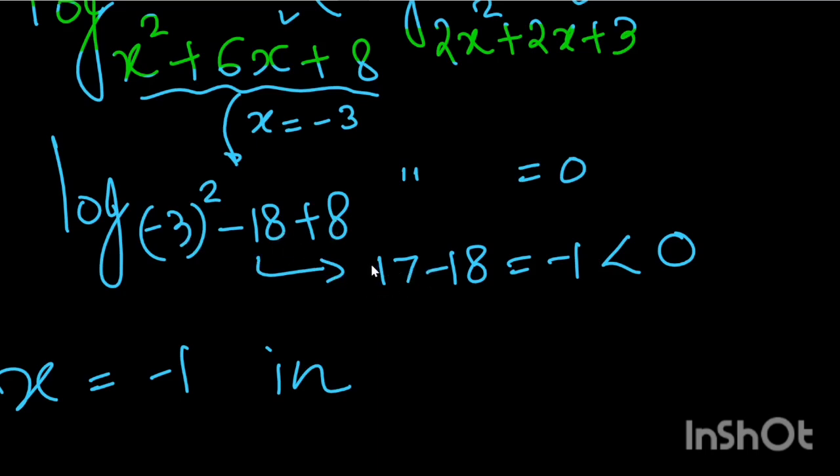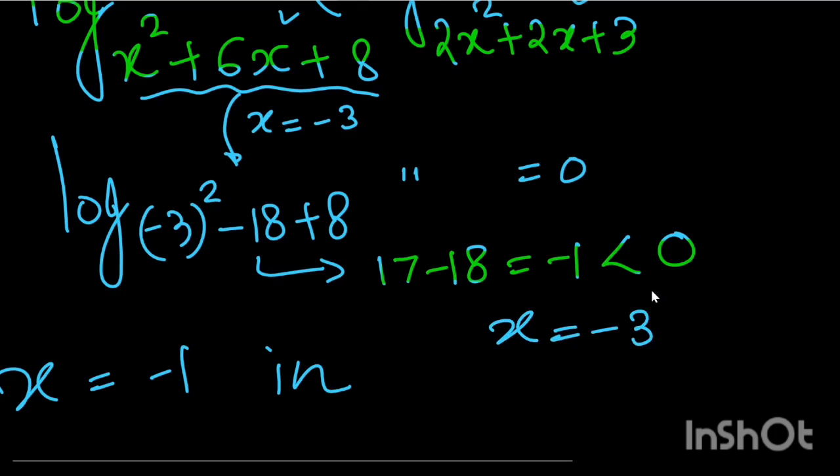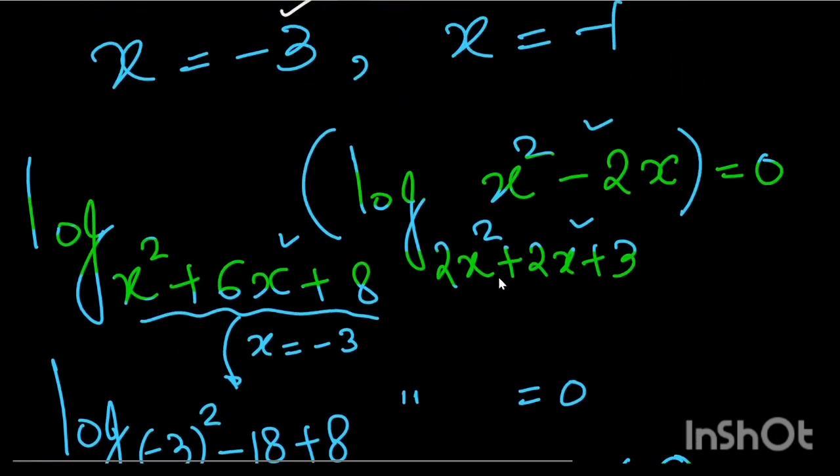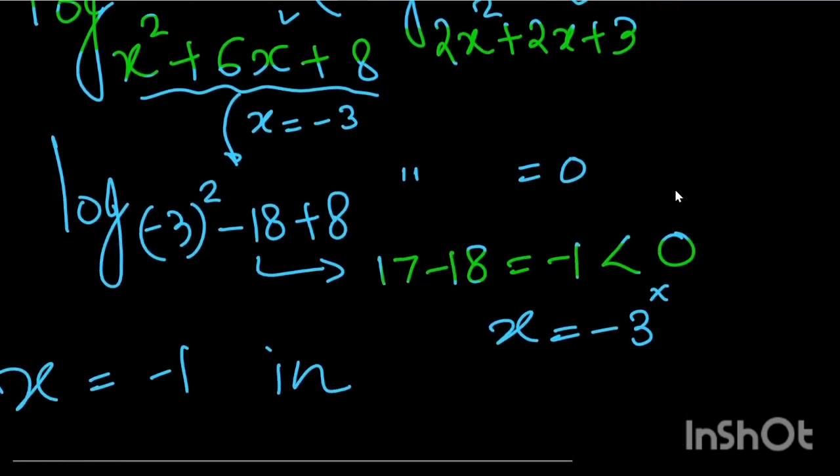It becomes 9 plus 8, 17, and 17 minus 18 becomes minus 1, which is negative. The base cannot be negative, so outright we will discard minus 3. We won't calculate the other values, 2x square plus 2x plus 3 and x square minus 2x, because the first one itself got negative.